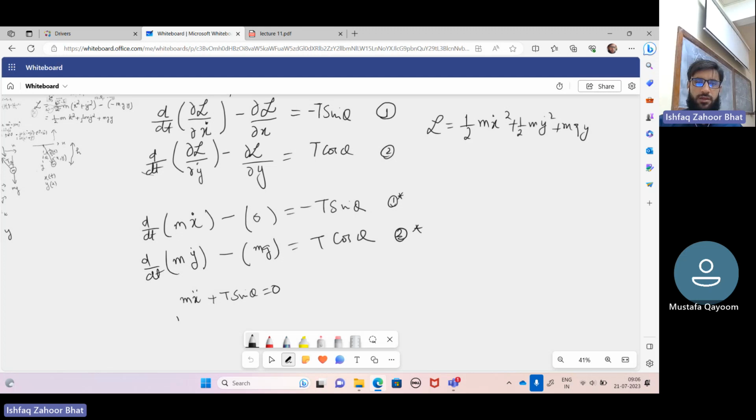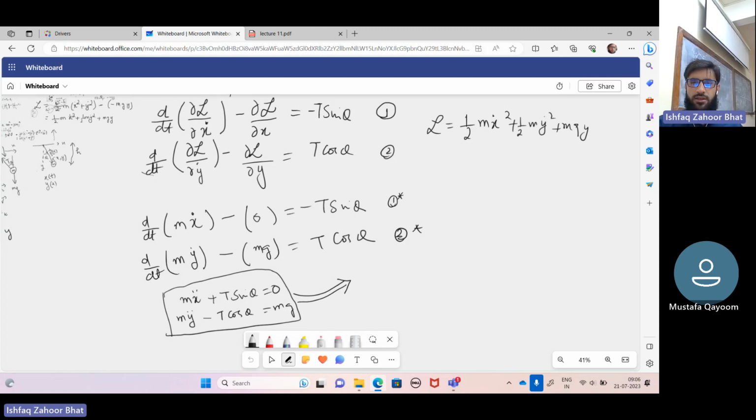And the second one will be my double dot minus t cos of theta equal to mg. So if you remember the matrix form, let us go further and represent it in the matrix form.